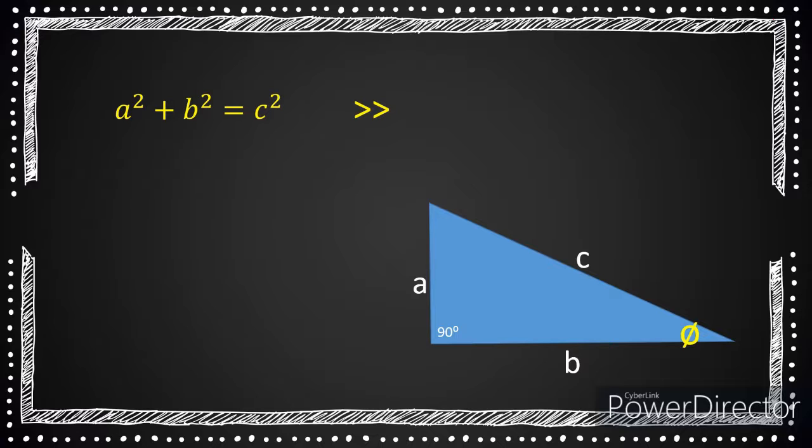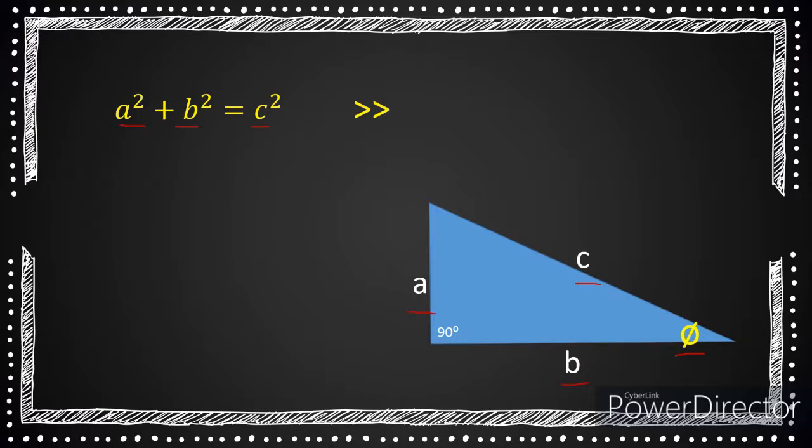Now we can extend to the trigonometric formula. Don't be scared, relax. If we have a triangle and its 3 sides we define as a, b, c, and its angle we call phi. Using the Pythagoras theorem, we get a squared plus b squared equals c squared.